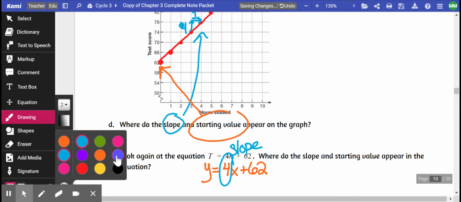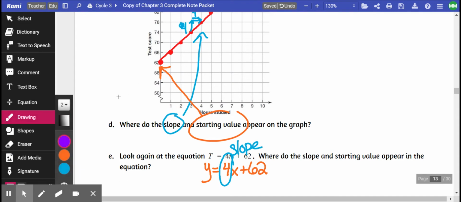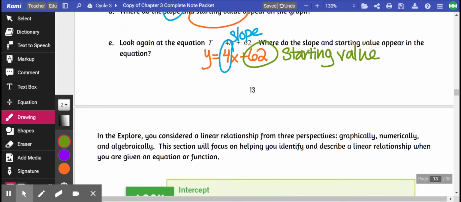And we pointed out on the graph that the starting value is right here, which would mean that that would be 62. So this right here is our starting value. So we can see that whatever is attached to our variable on the right side is going to be the slope. Whatever is added, or in some cases it's going to be subtracted, is going to be our starting value.